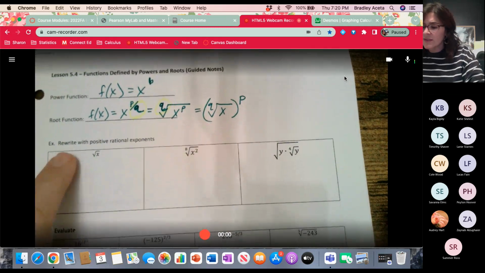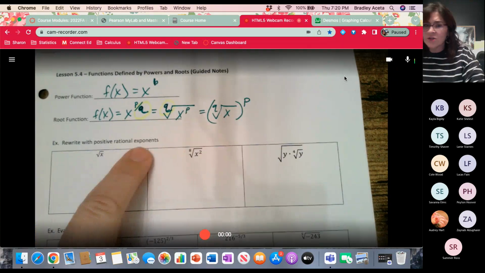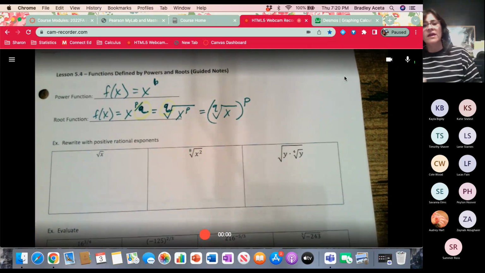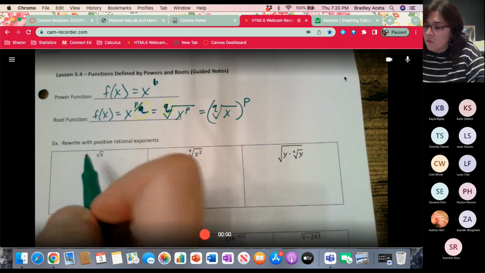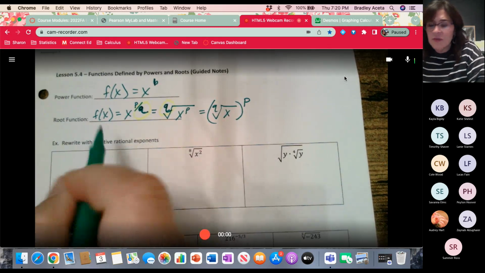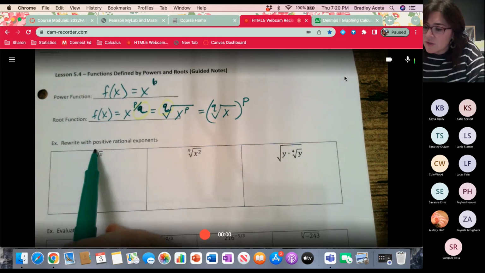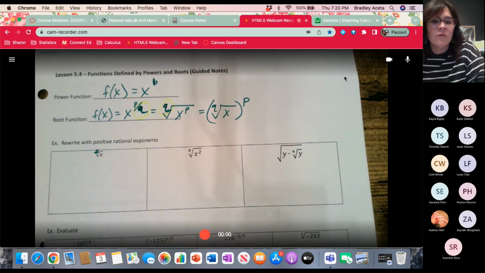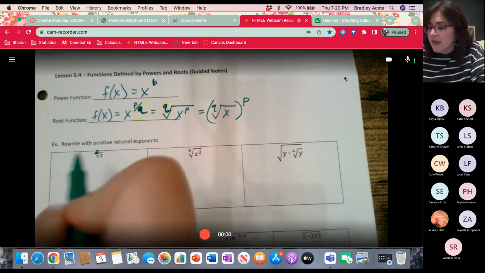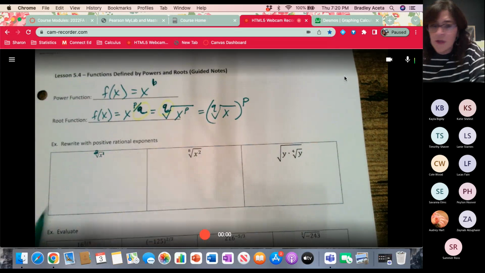So for example, this says rewrite with positive rational exponents. Rewrite this with a positive fractional exponent. Well, in a square root, if you didn't know this, there is an understood 2 right there. That's the index for square. For the exponent of x, there's an understood 1.